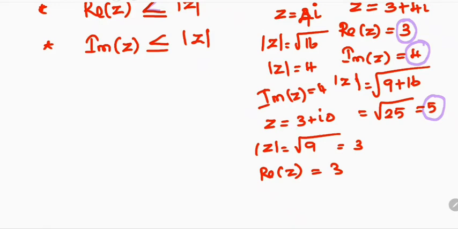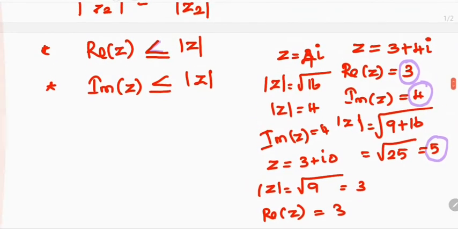And if z is purely imaginary, the imaginary part of z is equal to the modulus of z. So we get the result on seeing the 3 examples: the real part of z is less than or equal to the modulus of z, and the imaginary part of z is less than or equal to the modulus of z.